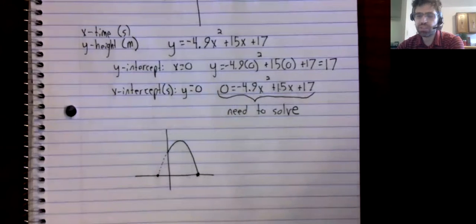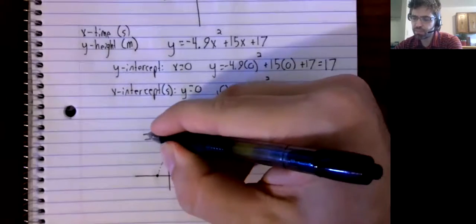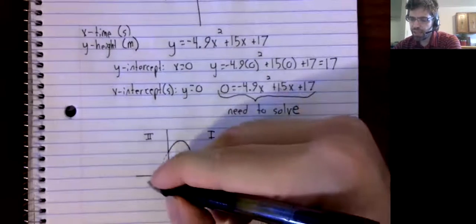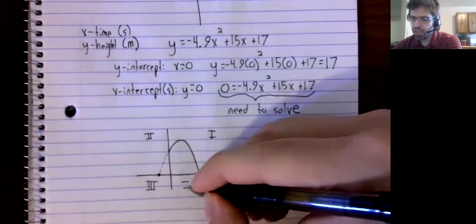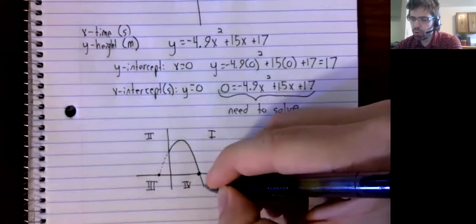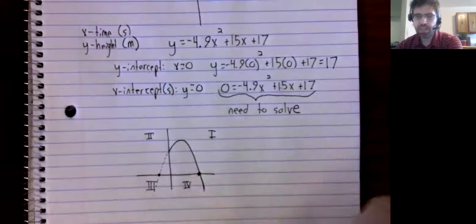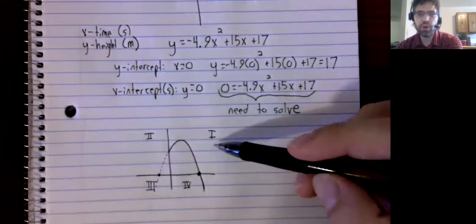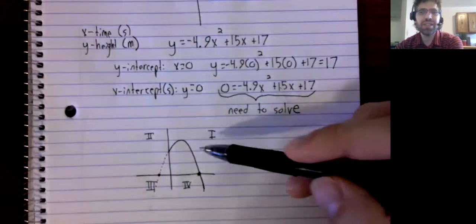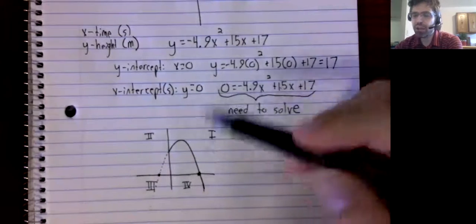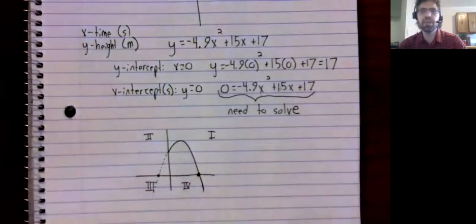Remember when we were discussing quadrants, and I said that in a lot of real-world situations, we'd be stuck in the first quadrant. That's exactly the case here. The height and the time both have to be positive.